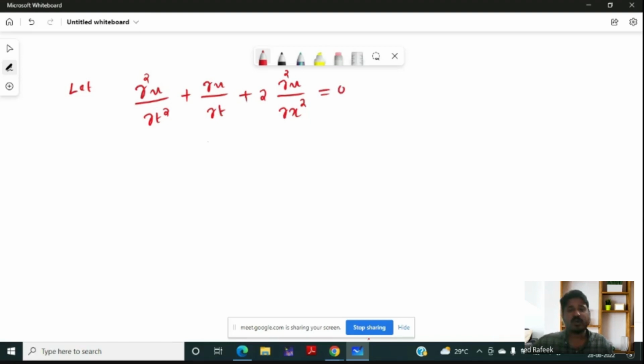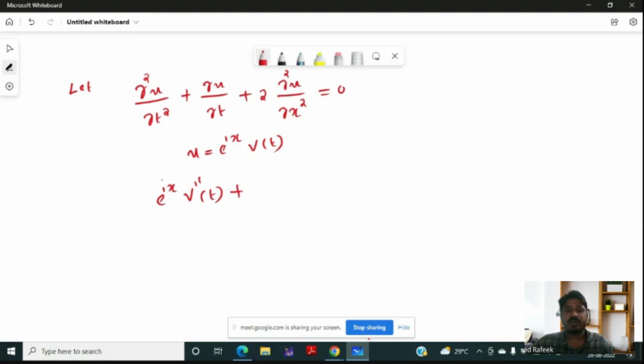This is given. And moreover, a solution of the form e raised to ix into v of t. And v of 0 is equal to 0. That is there. V dash of 0 is equal to 1 also. Substituting this, e raised to ix, v double dash of t will come.